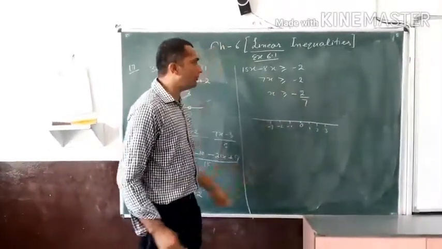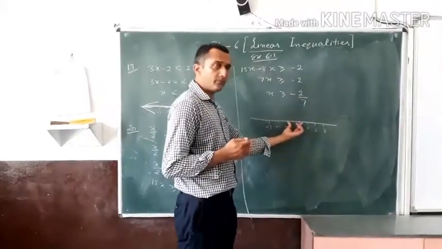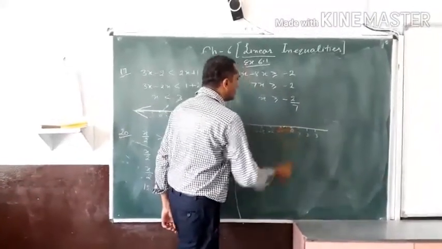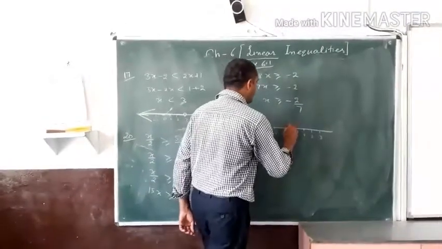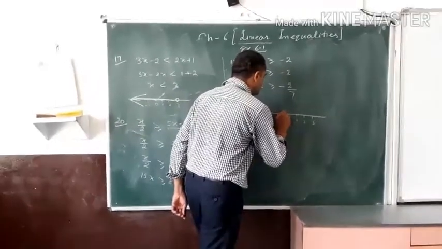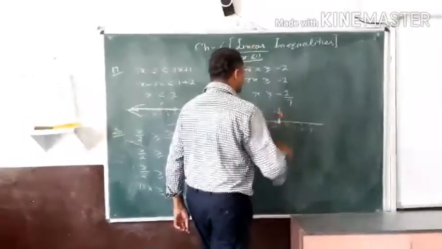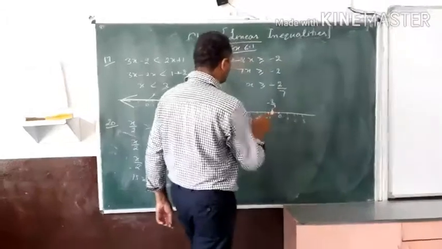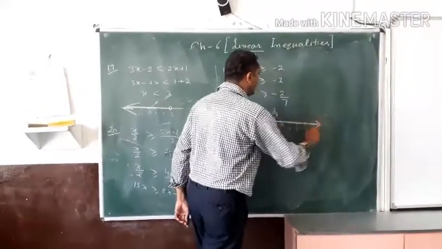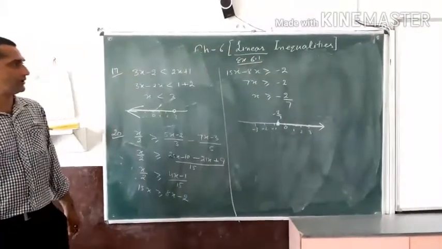Minus 2 over 7 means in between 0 and 1, it may be here. So we put a filled circle at minus 2 over 7 and shade greater than or equal to minus 2 over 7. This is how you can represent it on the number line.